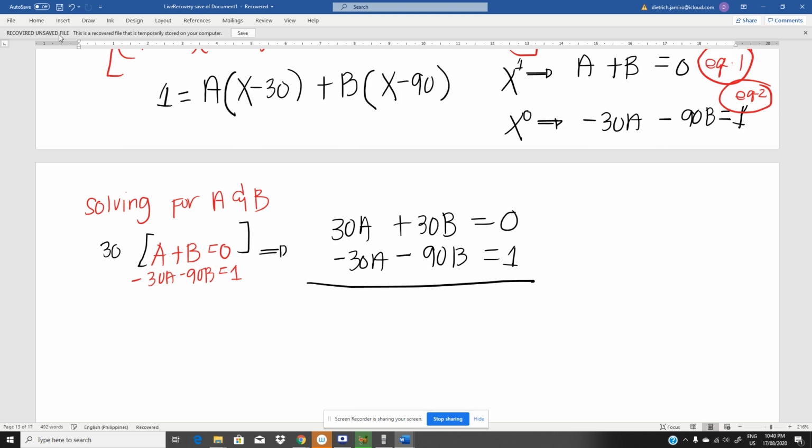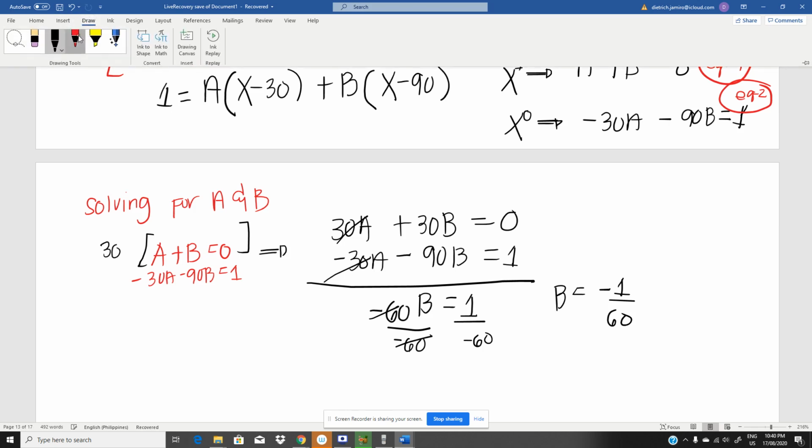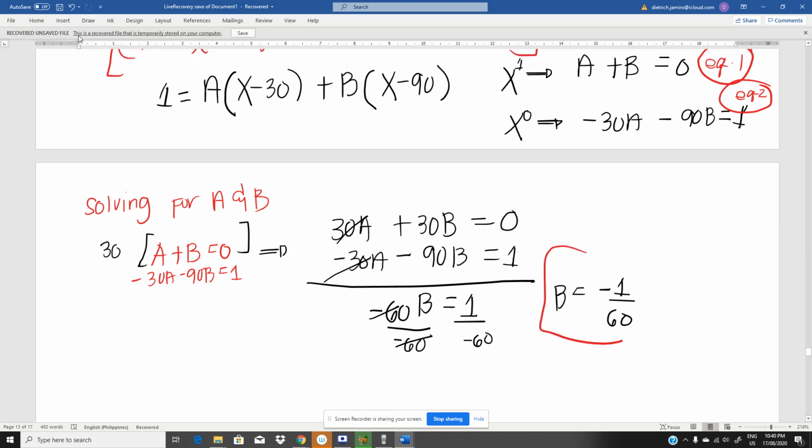So adding both equations, we will have negative 60B, so this one will cancel out, is equal to 1. Solving for B, divide both sides by negative 60. So we will have B is equal to negative 1 over 60.